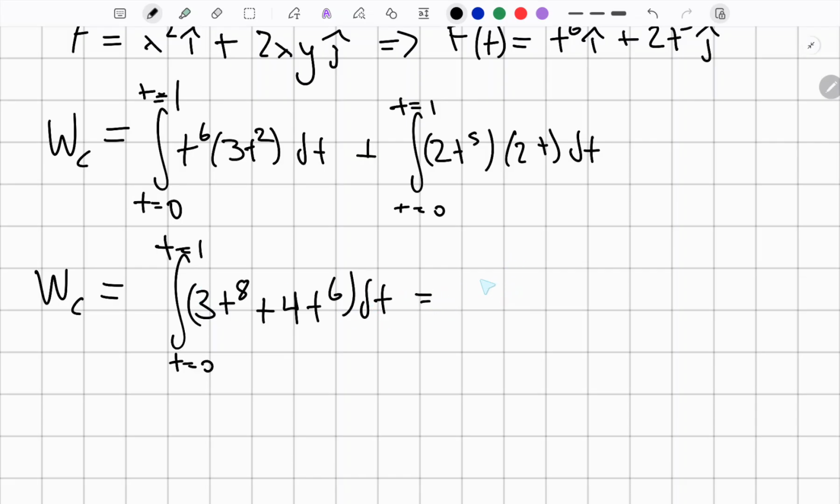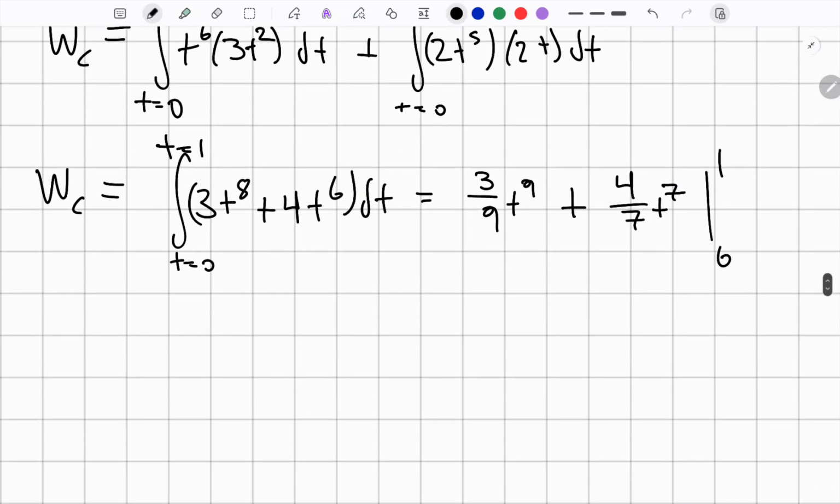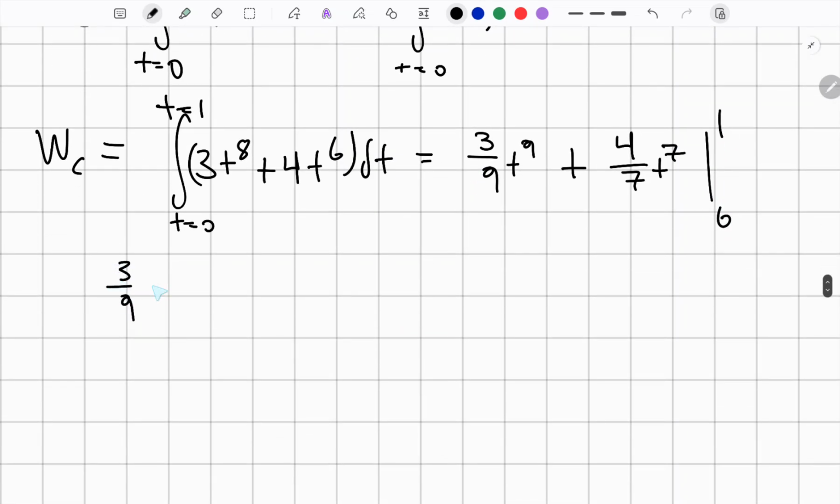That's going to be 3 over 9 t to the 9th plus 4 over 7 t to the 7th, evaluated from 0 to 1. So we're going to have 3/9 plus 4/7, which is 1/3 plus 4/7.